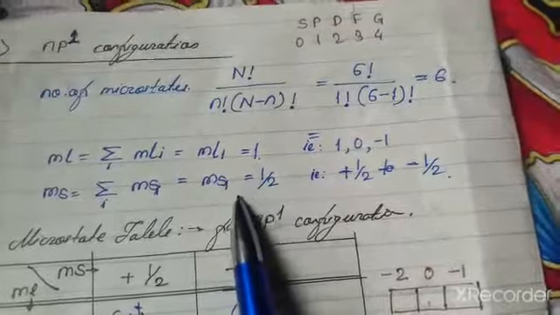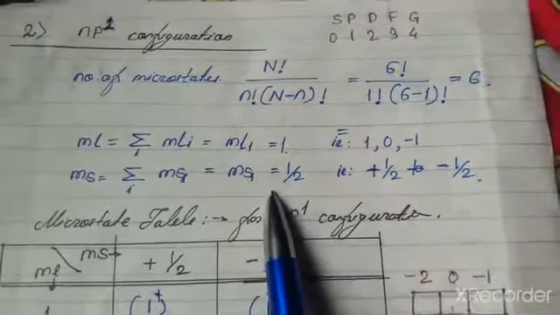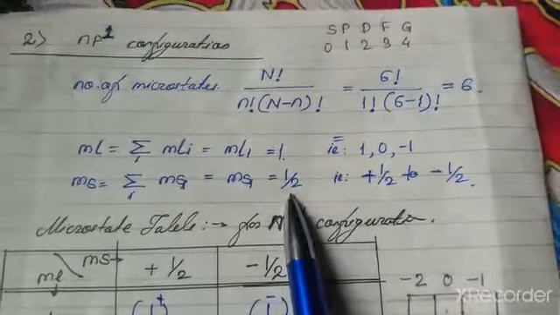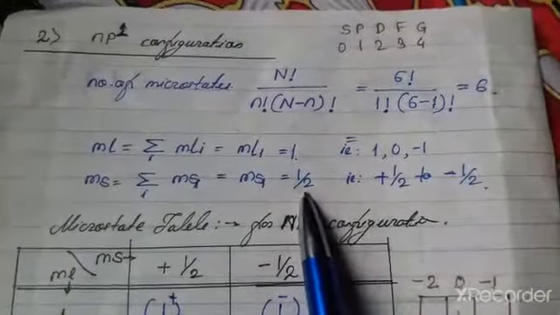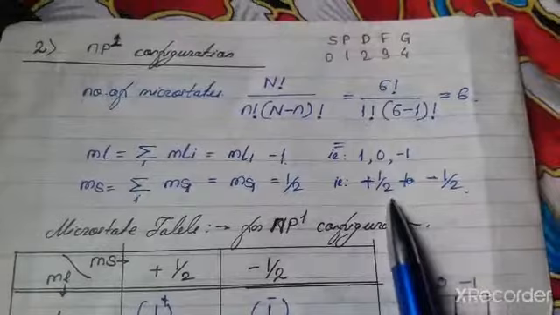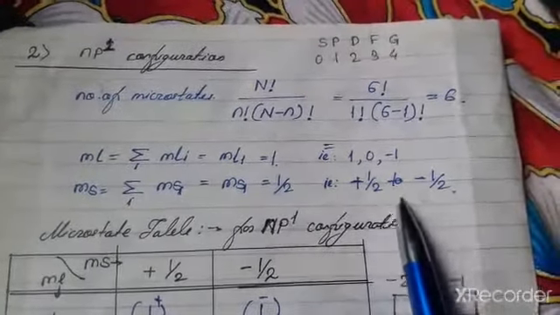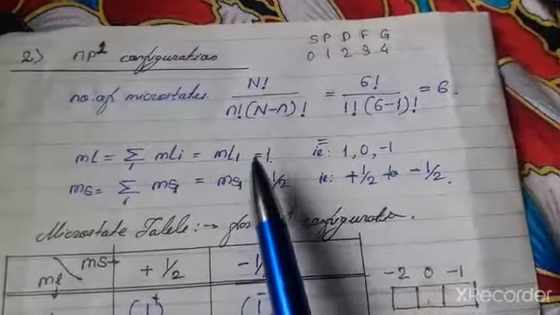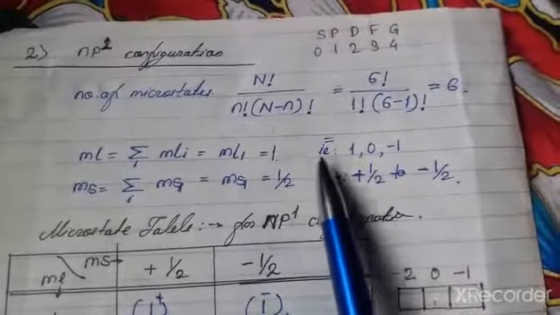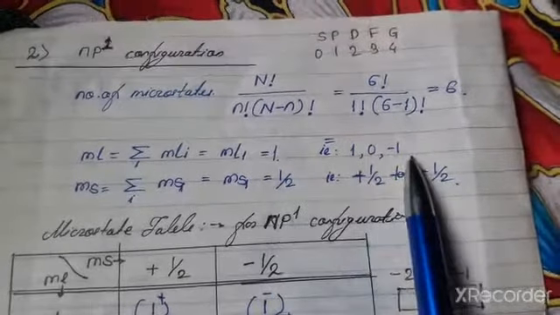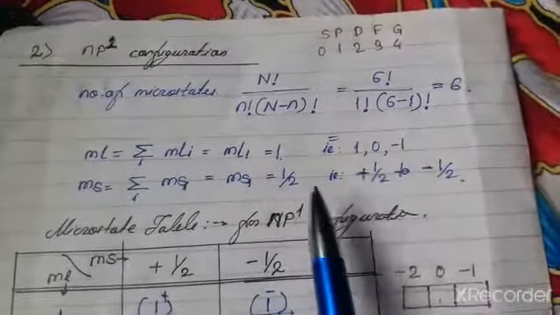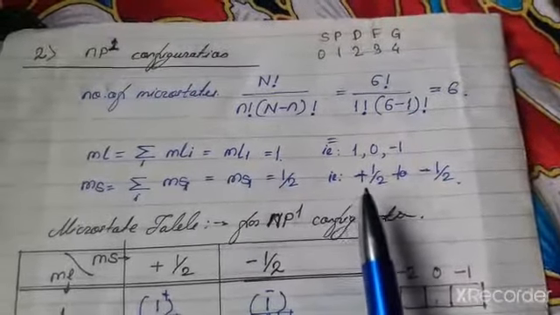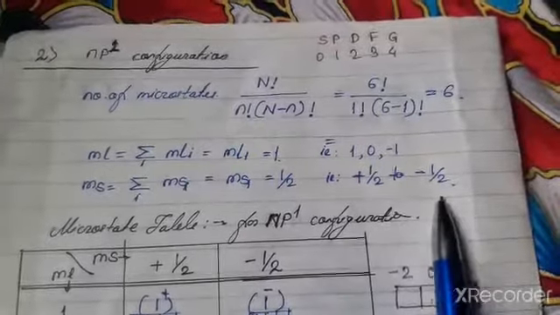There is only one electron, and it can have spin plus 1/2 or minus 1/2. The range of ml for a p orbital is 1, 0 and minus 1, and the range of ms is plus 1/2 to minus 1/2.